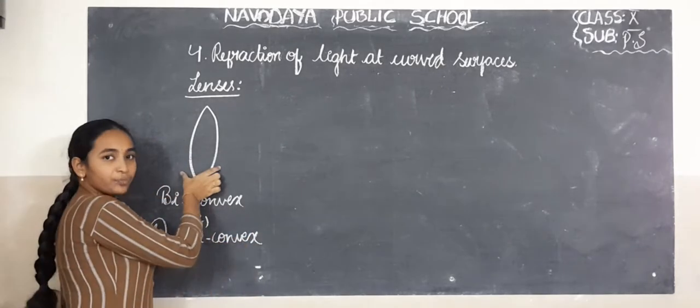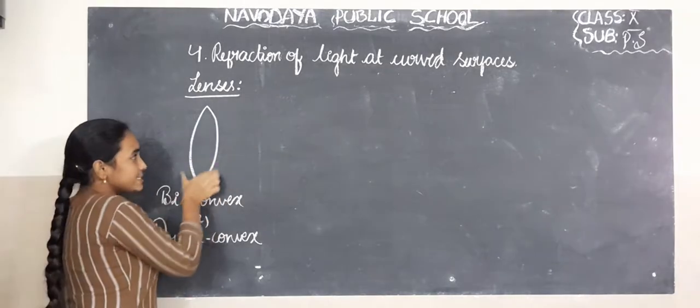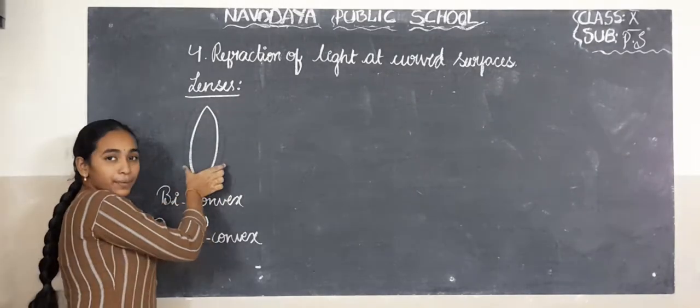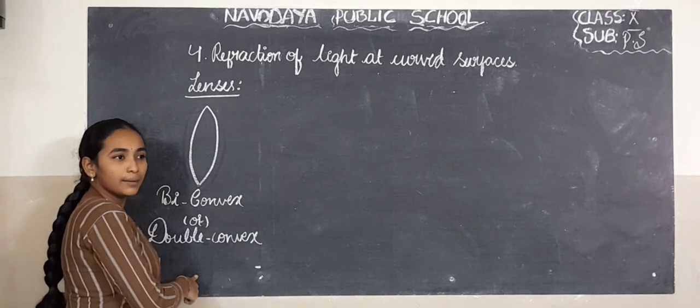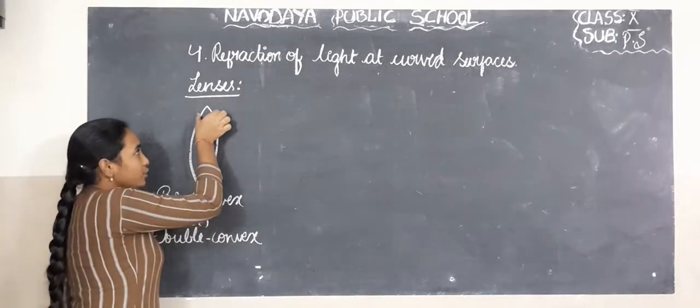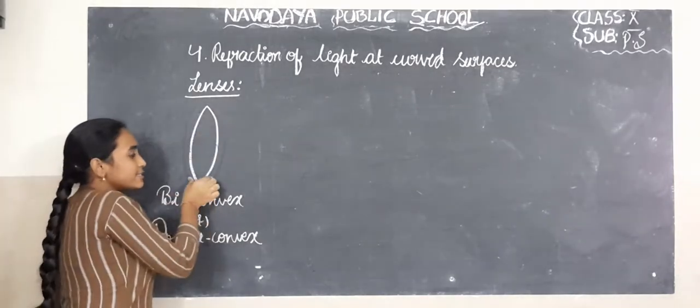This is the shape of biconvex lens or double convex lens. It is a lens having two surfaces bulging outward is known as biconvex lens or double convex lens. It is thicker at its middle when compared to its edges. It is thicker at its middle and thinner at its edges.